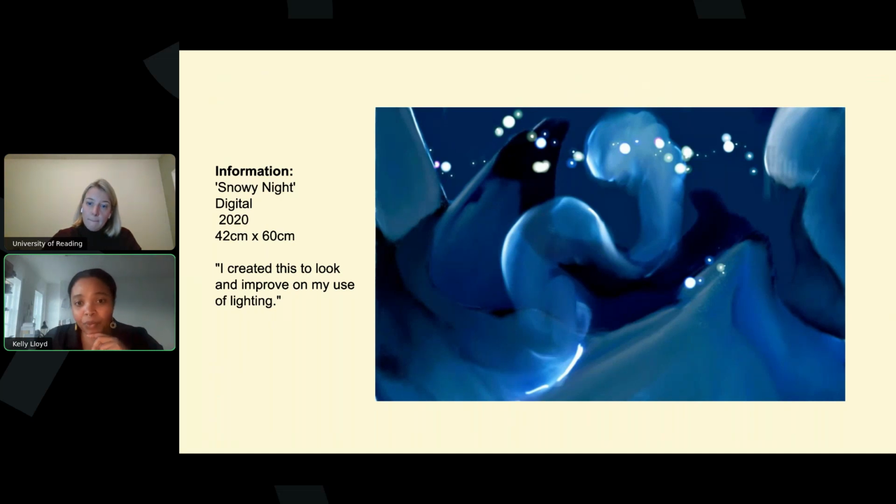So again, really useful as a juxtaposition between all of the representational work before, all of the work that uses people's faces, focuses on portraiture. It's really useful to have an abstract work, and also in this case, use of digital work. So it shows a different skill, but it also shows a different way of playing around with lines and color and lighting in this case.